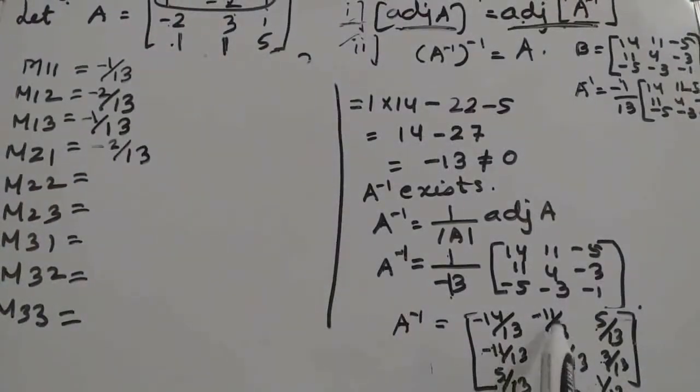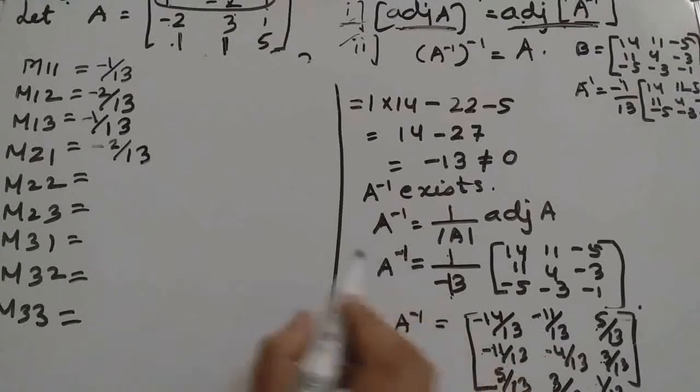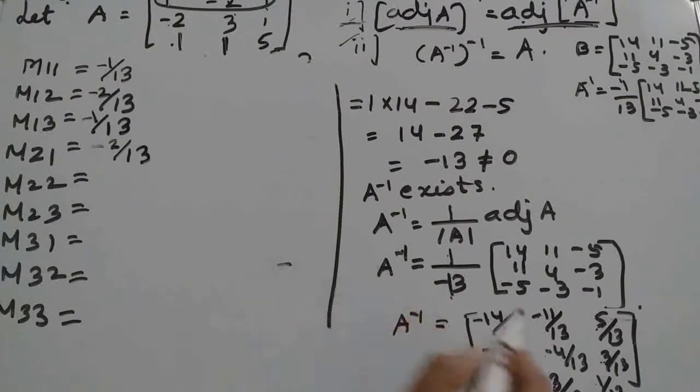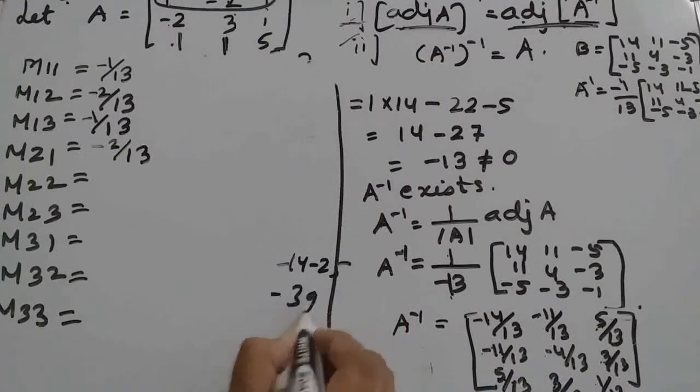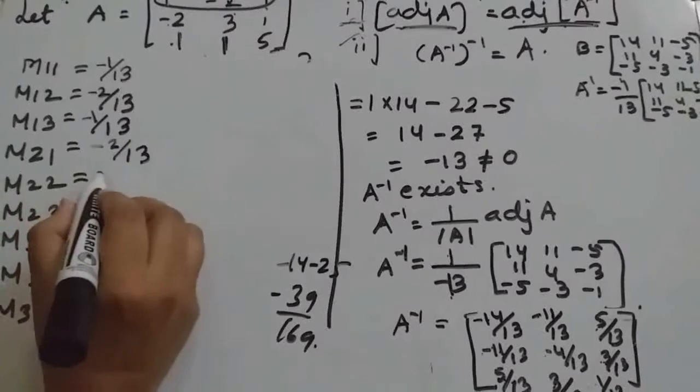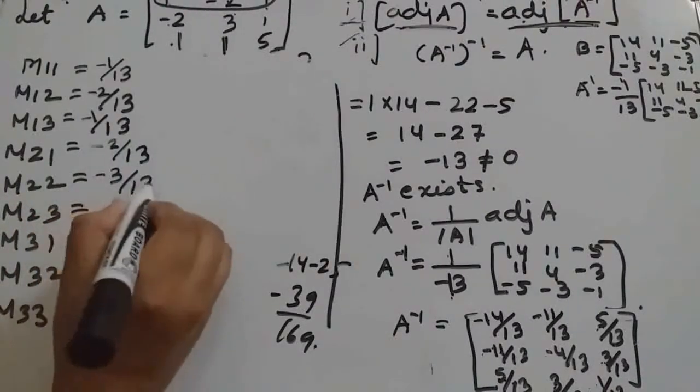Then second row, second column will be minus 14 and minus 25, that is minus 39 by 169, so it will be minus 3 by 13.